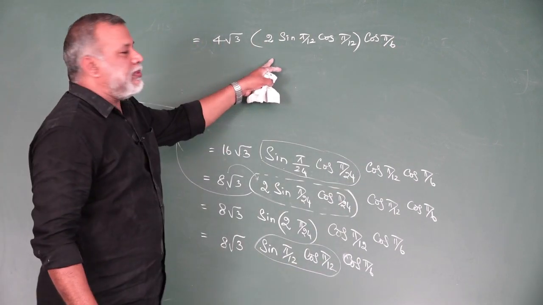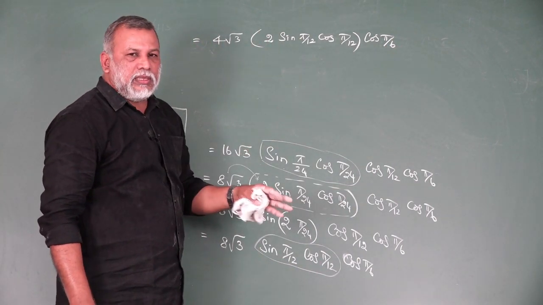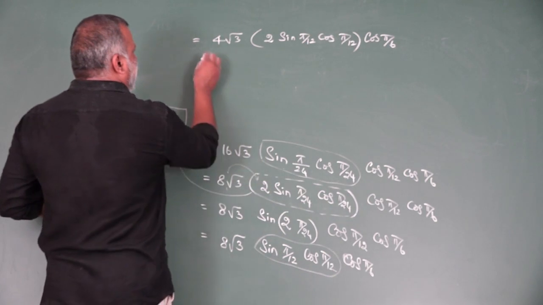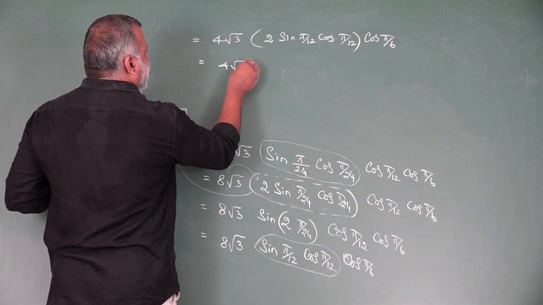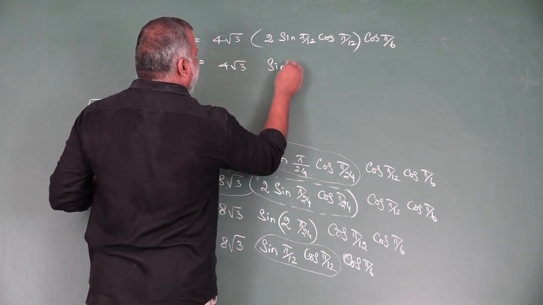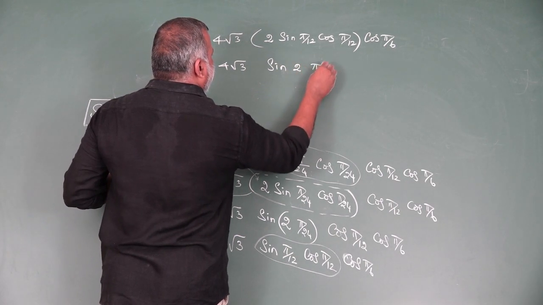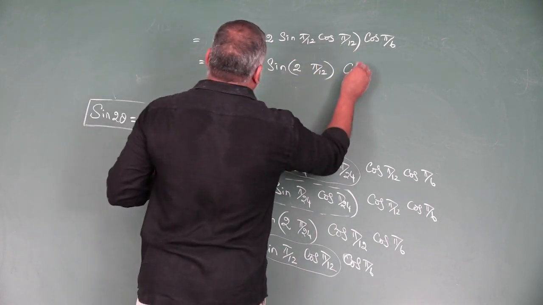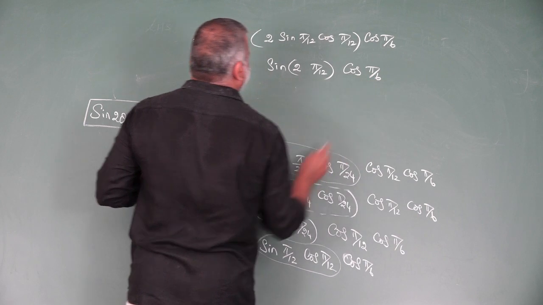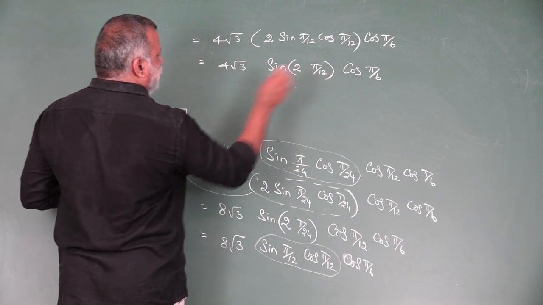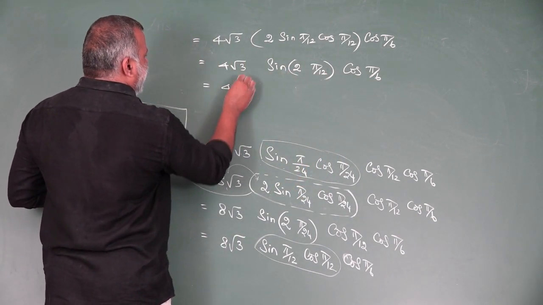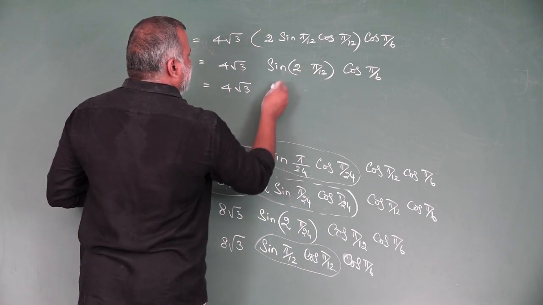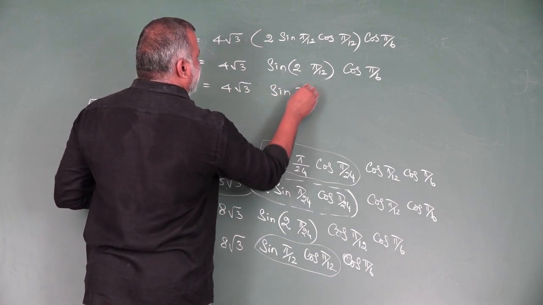So now it is in the form of 2 sin theta cos theta. It can be simplified as sin 2 theta. Therefore 4 root 3 can be simplified as sin 2 times pi by 12. The remaining cos pi by 6. Again the 2 and pi by 12 will be simplified. We can get 4 root 3 in the form of sin pi by 6.